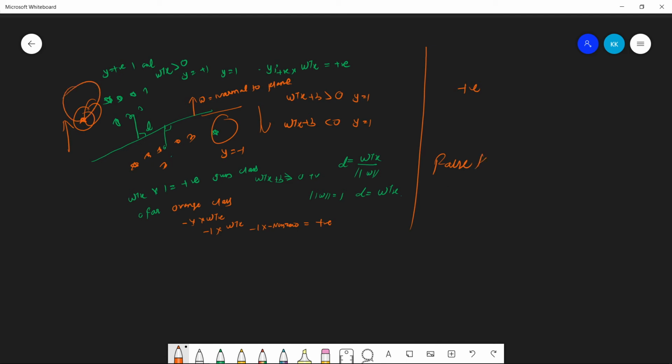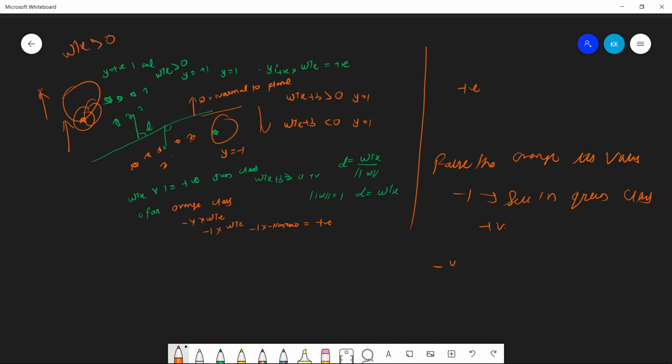So let's take this falsely classified point. This point belongs to my orange class, so its value is minus 1, but now this point is settled in my green class, which is positive. So for this side, the value of omega transpose x is always greater than 0. So what happened, my point is negative, but now this point lies in the positive region.